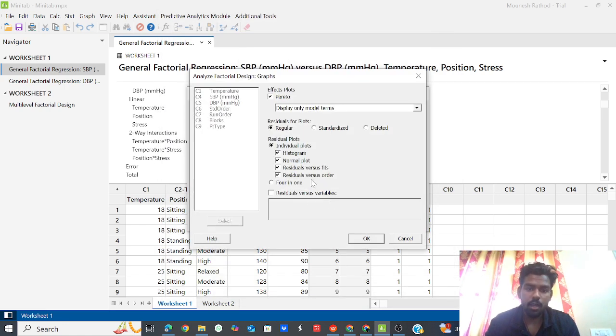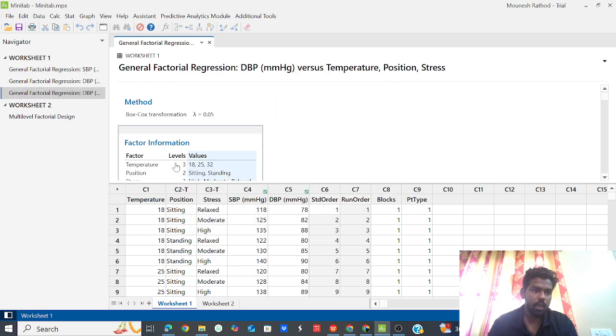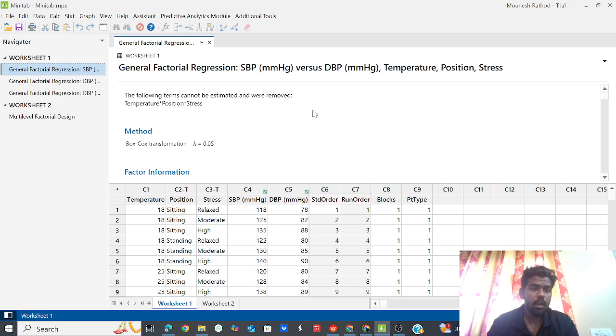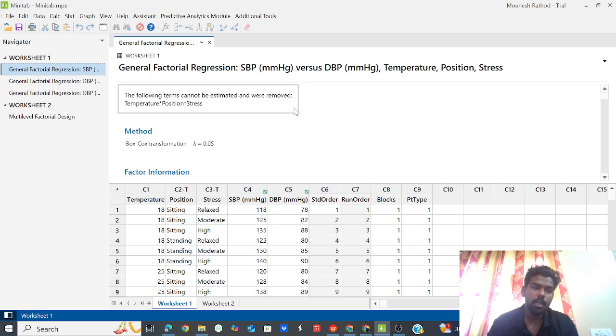Then for the relevant graphs, go for the Pareto chart, histogram, normal plot, residuals versus fits, and residuals versus order. Then click OK, and the corresponding graphs and information will be generated.